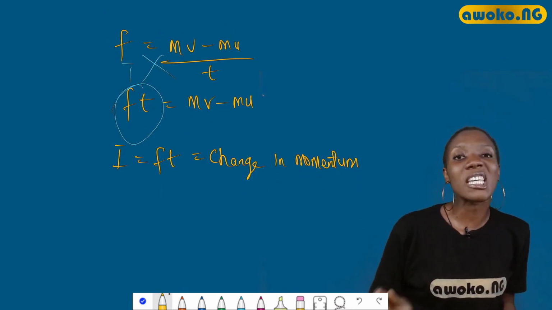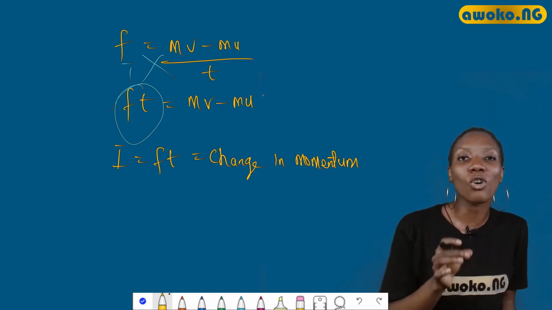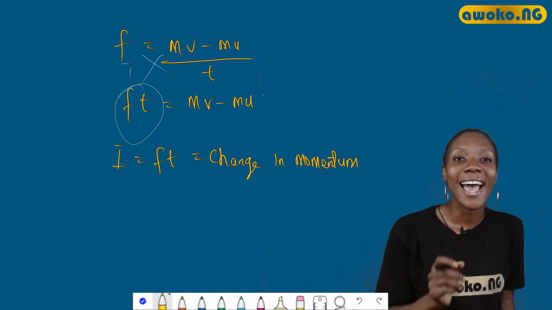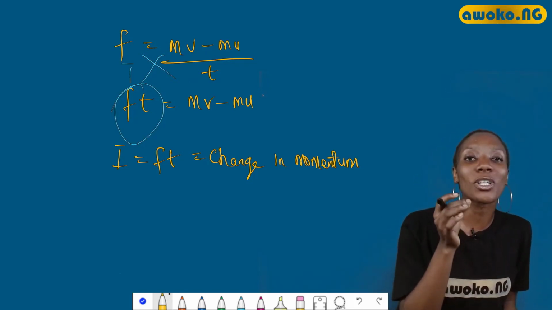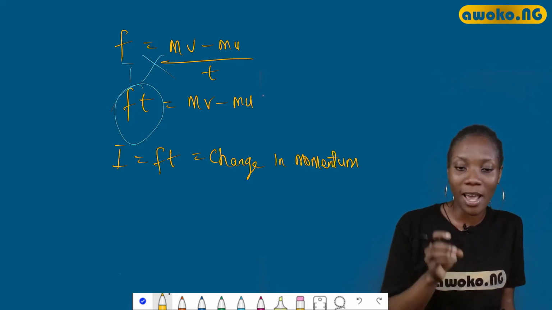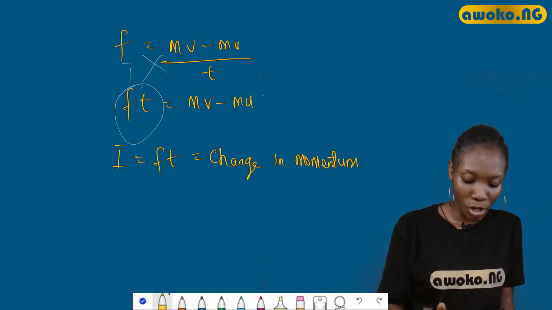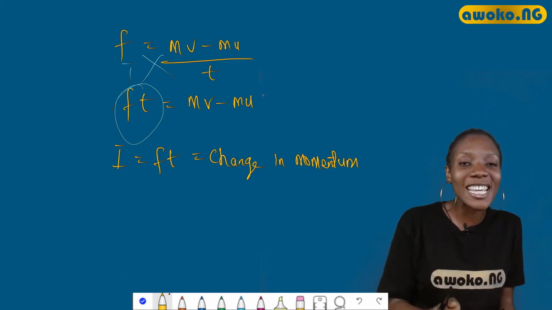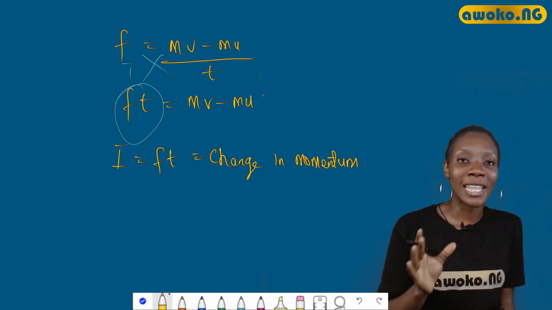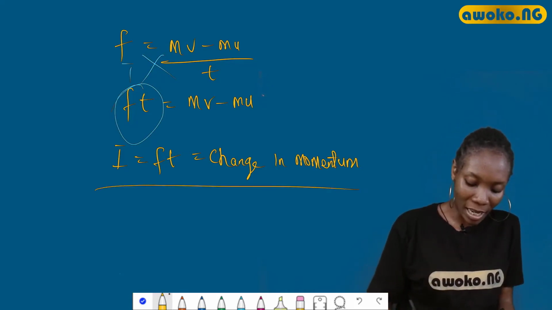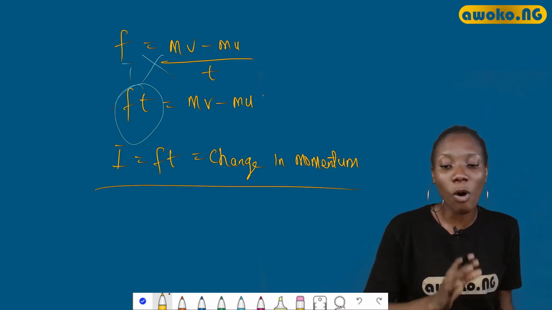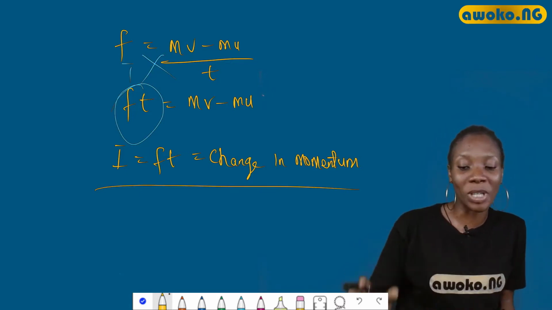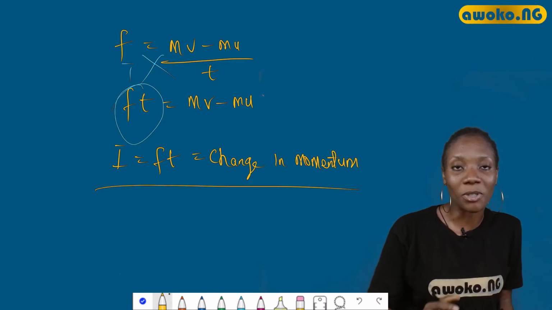Okay, now this impulse is the product of a large force and a very short time during which this force acts. So you can just say that impulse is the product of force times time, as we have seen here. Now you see how all of this relates. We're beginning to connect the dots gradually, little by little.